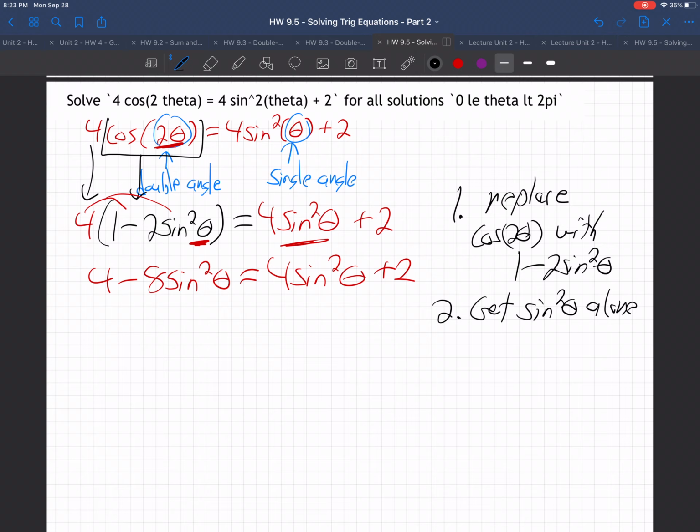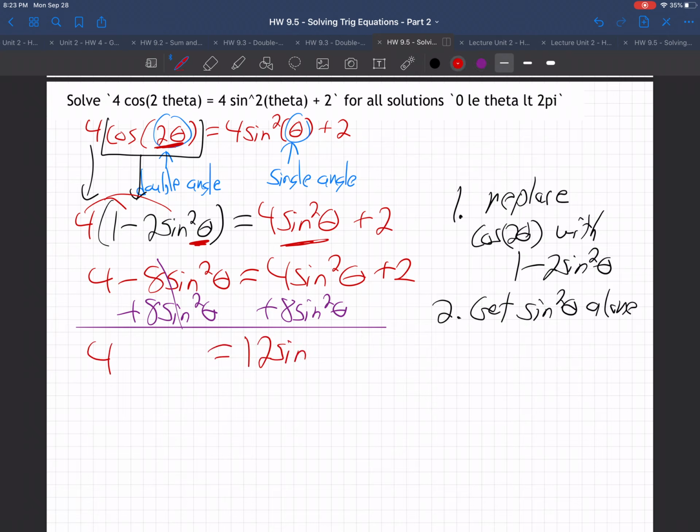It doesn't really matter which side. I'll just add 8 sine squared theta to both sides, like so. And it cancels. So we get 4 equals, this is 12 sine squared theta plus 2.